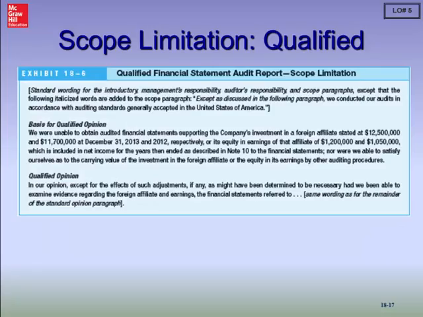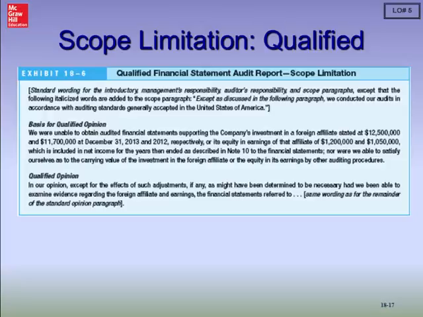If the limitation is material but not pervasive, we are going to issue what we call a qualified opinion. In this case, we're unable to audit a specific component of the financial statements. So in the qualified opinion, what we are saying is, in our opinion, except for the effects of such adjustment, which has just been described, if any, as might have been determined to be necessary had we been able to examine the evidence regarding the foreign affiliate and its earnings, the financial statements referred to above present fairly in all material respects, and the verbiage continues as we've seen before.